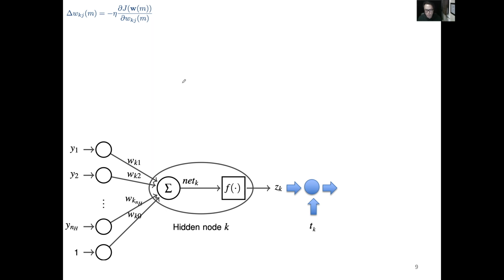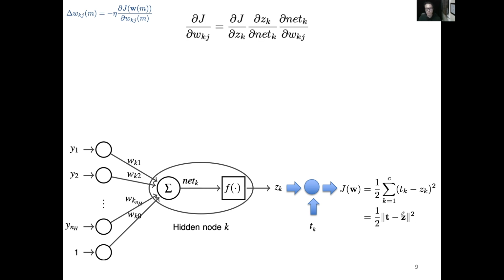and now we want to find the difference T_k minus Z_k, because when we consider all the Z right here, that is this error. Okay, now as I mentioned, I want to find the change of J with respect to W_kj, which would be one of these connection weights.